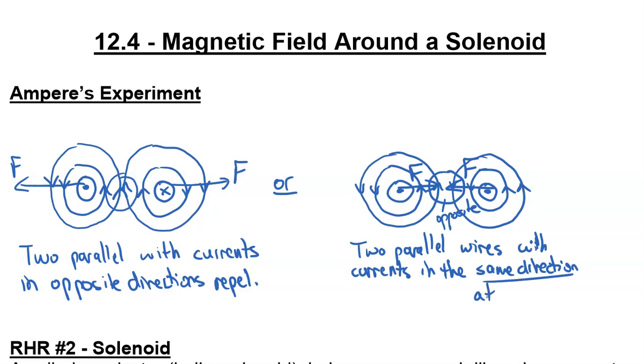Same direction attracts, opposite directions repel. So that was the beginning of this whole discovery and use of these to build motors that we're going to look at in the days to come.